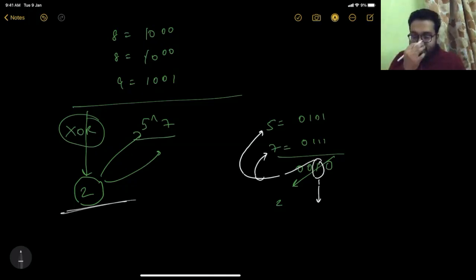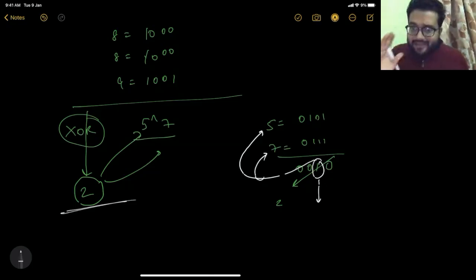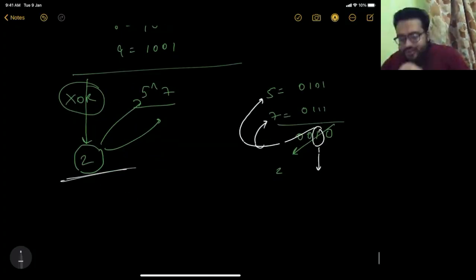So if you look at any of the ones in the XOR number, it tells you a great amount of information: one of the answers had a 1 at that digit and the other answer had a 0 at that bit. How many of you appreciate this, guys? So I know that at the second least significant bit, one answer will have a 0, the other answer will have a 1.